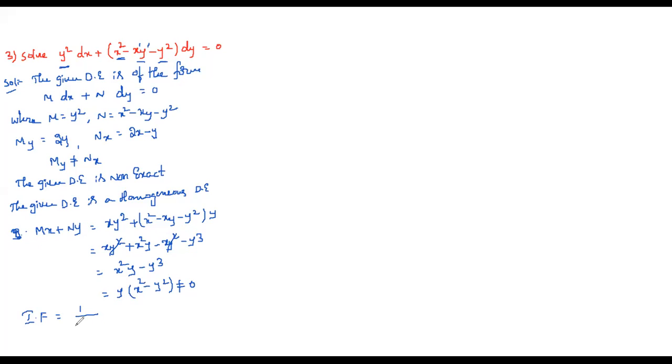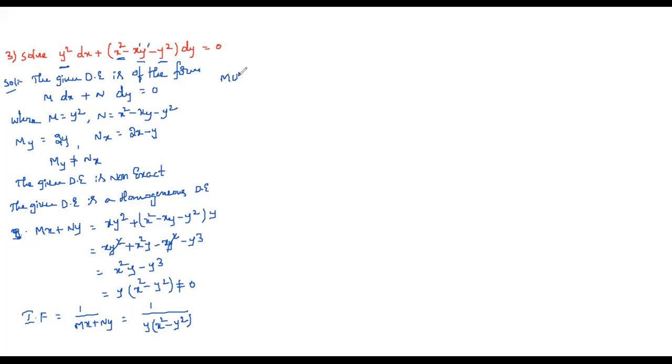Now we can choose the integrating factor 1 by (Mx plus Ny), which is equal to 1 by y into (x square minus y square). Now we need to multiply this integrating factor with the given differential equation.